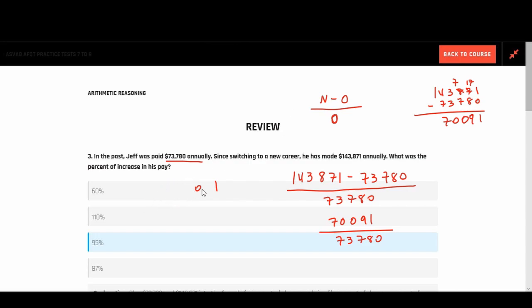What I'm going to do instead is, I know that fractions can be reduced to simple form, and what I'm going to do is round. I know that if I do 70 divided by 74, this will give me a percentage that's almost identical to this one.